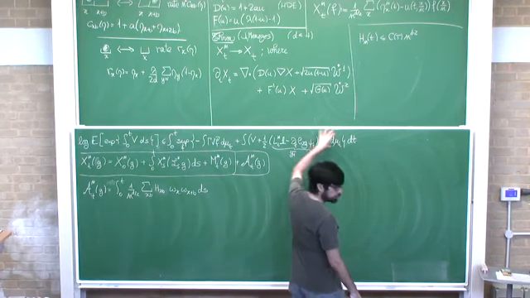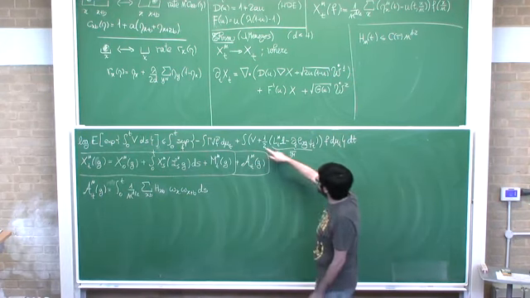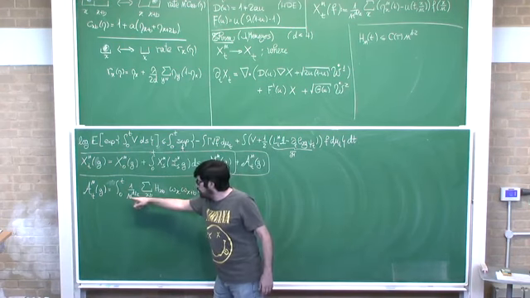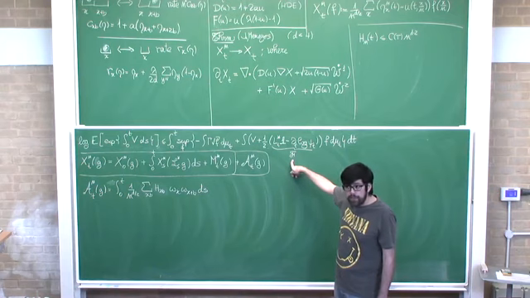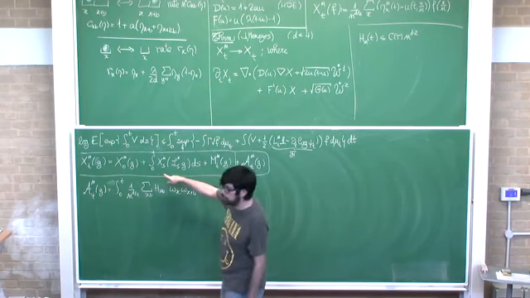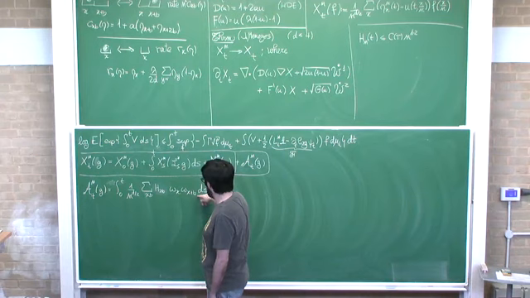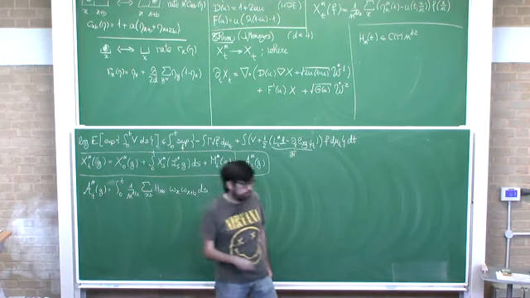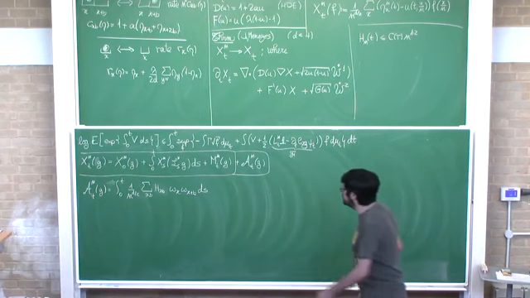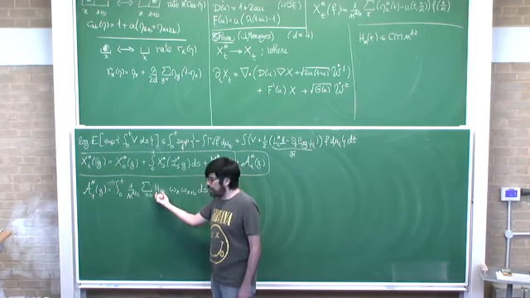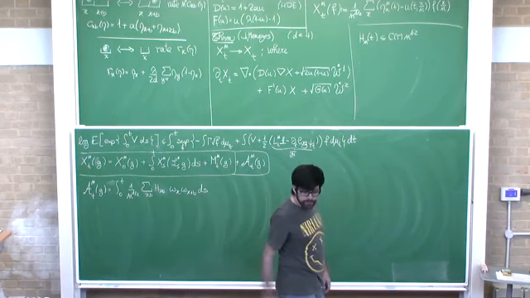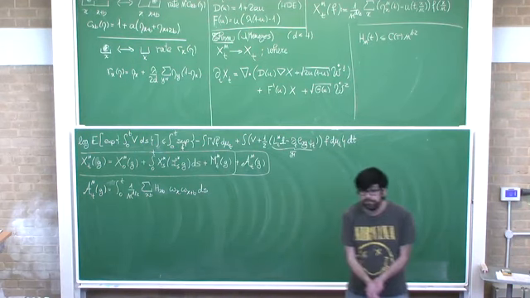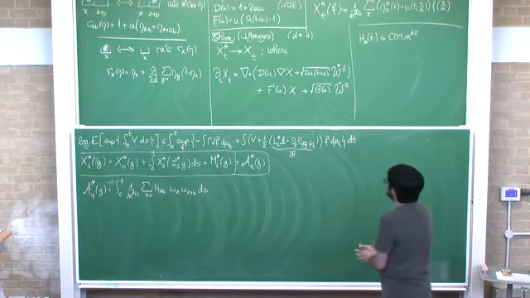You plug it in here, and you see that v, which is this, and f are of the same type. f was also of this form, a sum of quadratic terms times bounded functions. There was not a 1 over n to the d over 2, which is why this is going to converge to 0.